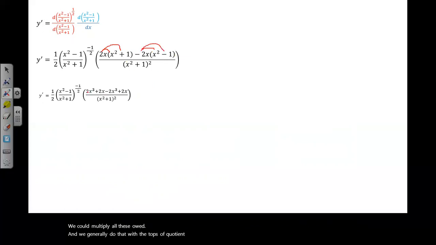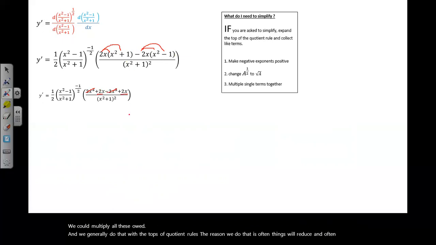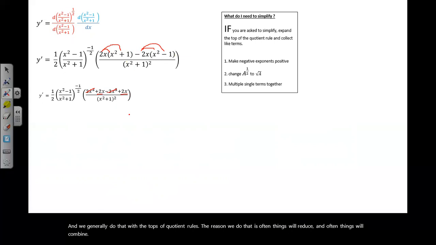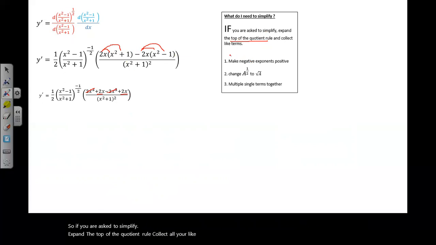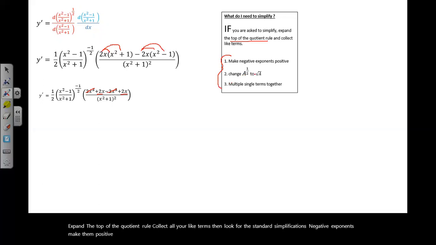The reason we do that is often things will reduce and often things will combine. So if you are asked to simplify, expand the top of the quotient rule, collect all your like terms. Then look for the standard simplifications. Negative exponents, make them positive. Change something to the half to square root and put any single terms together.